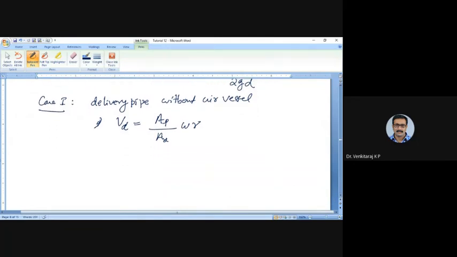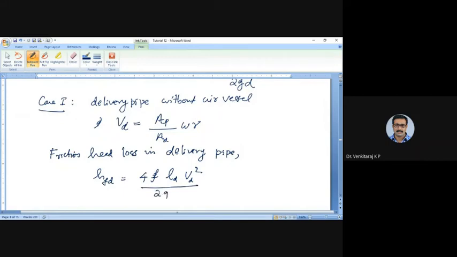So H_FD, the frictional head loss in the delivery pipe, H_FD equal to 4F L_D V_D square by 2 g D_D, will be equal to 4F L_D into (A_P by A_D omega R) square by 2 into g into D_D.